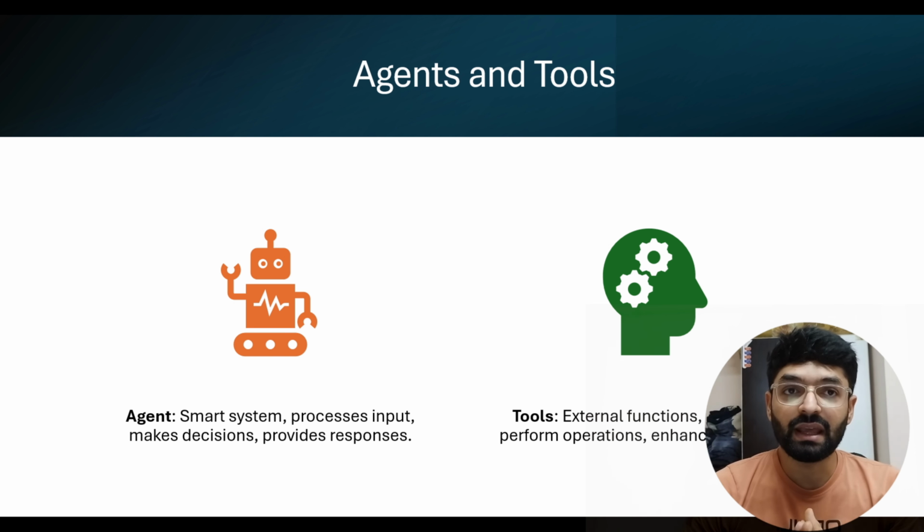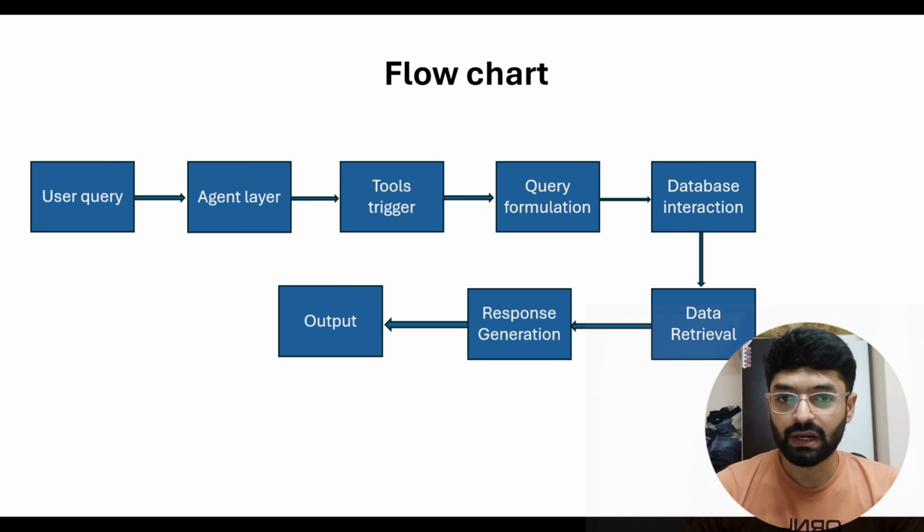Like I said, there could be a Wikipedia, there could be a database, there could be a PDF, there could be multiple tools where the agent could interact, and this interaction is done with the help of a language model. We will also use the LLM, the language model, in this project. So this is about the agents and tools.